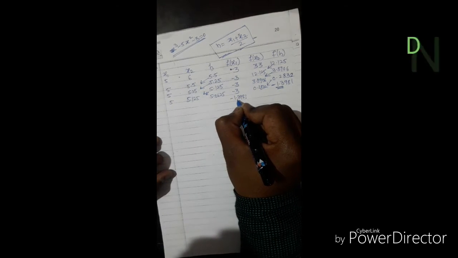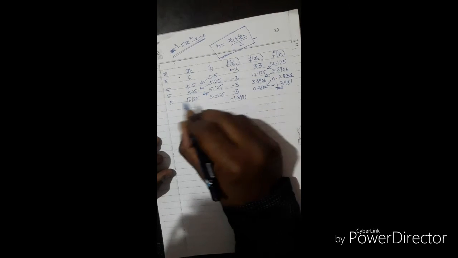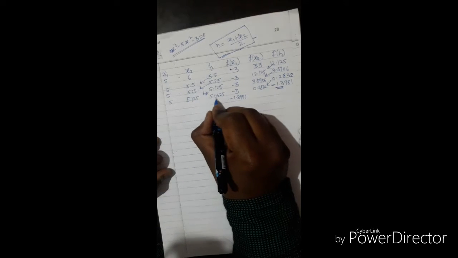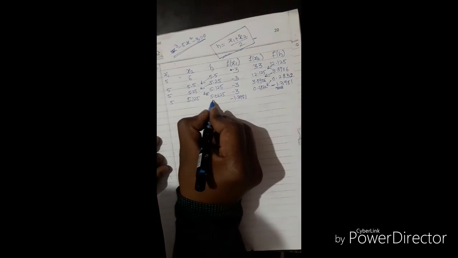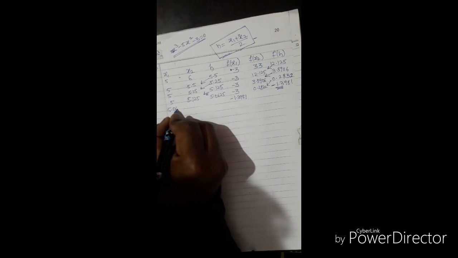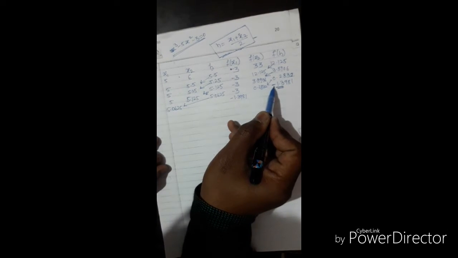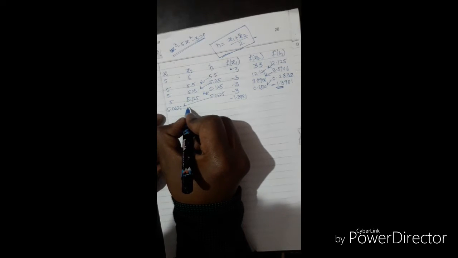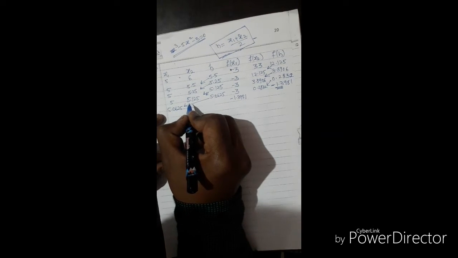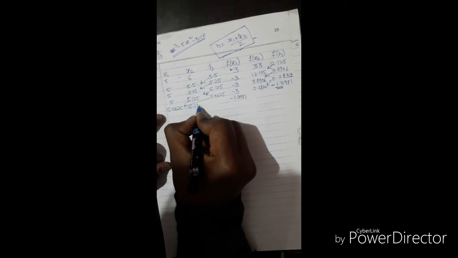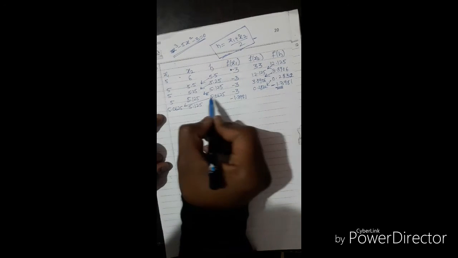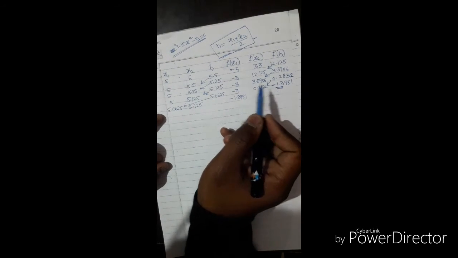After that, when we take f of x1, we know the value of x1, because if we insert this value, the sign changes, and the value of x1 is 5.0625. We will take this value as it is because the sign changes from positive to negative. Now we have to take x2, which is as it is, because the sign changes positive to negative.